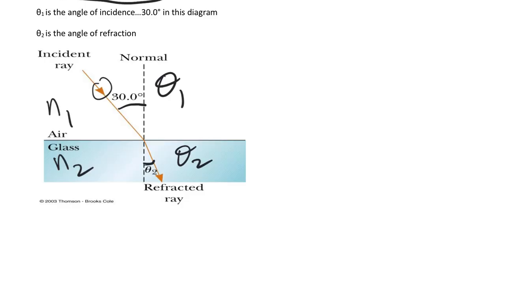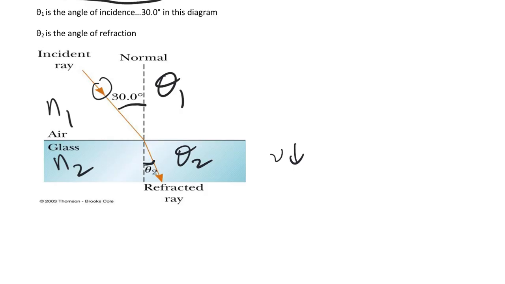Now, just looking at this picture, can you tell me where the medium is slowing down the ray more, in the air or in the glass? Well, if you remember what I just taught you, if the ray bends towards the normal like it is, the speed is slower in that medium.